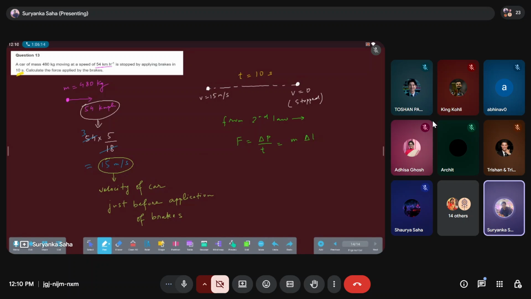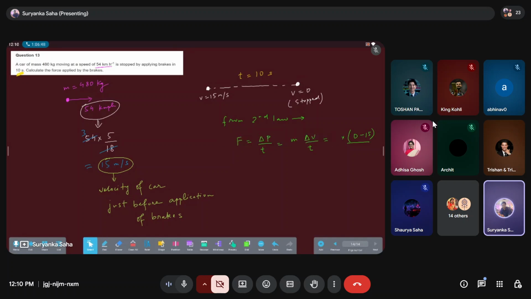M delta V by T. M into, what is delta V? 15 minus 0, or you can write 0 minus 15, then a negative value of force will come. So let me write over here, the negative value will be in the opposite direction. So 0 minus 15 by T. How much is T?